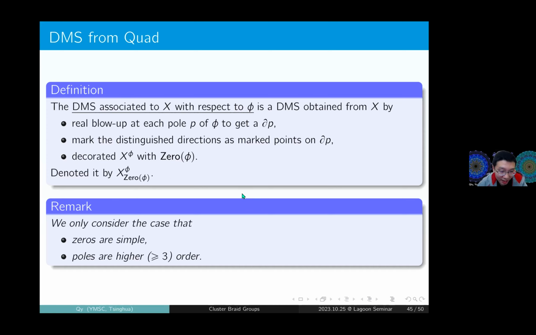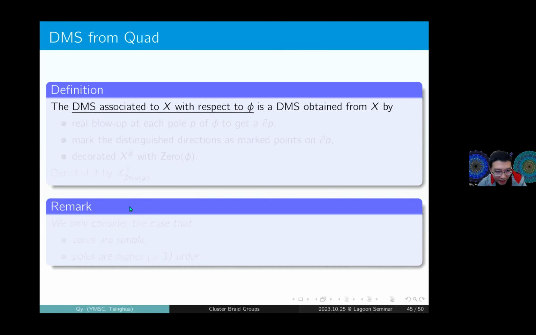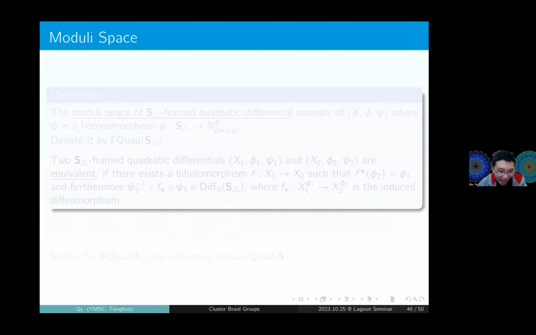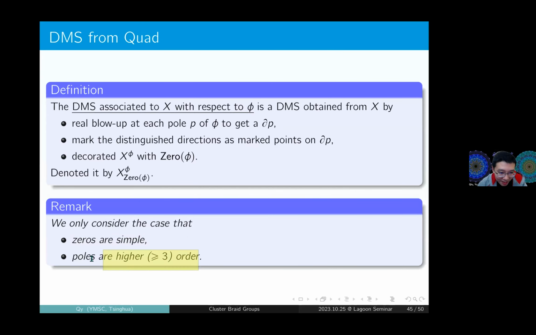And the remark is that because we want to borrow some techniques from cluster theory, and we want to study triangulations, the zeros will be assumed to be all simple. So basically, this picture is the only thing we consider in this talk. And for poles, at the moment, we do not want punctures, we want the poles to have high order. Yeah, but we are working on that anyway.